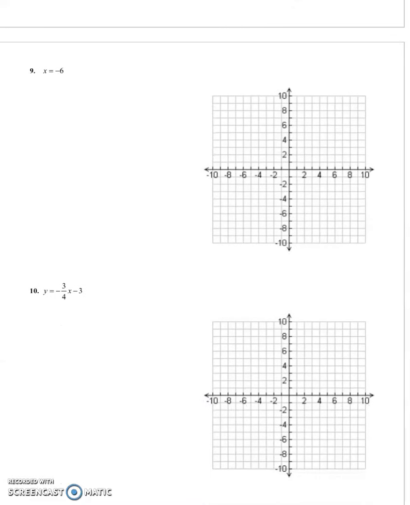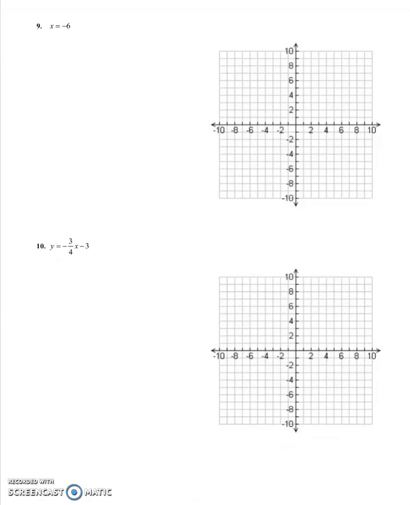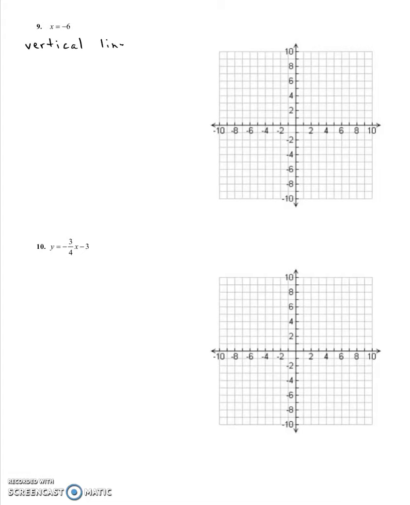So for number 9, we have x equals negative 6. Remember, this is our other type of special line. This one is vertical, and it has an x-intercept at negative 6.